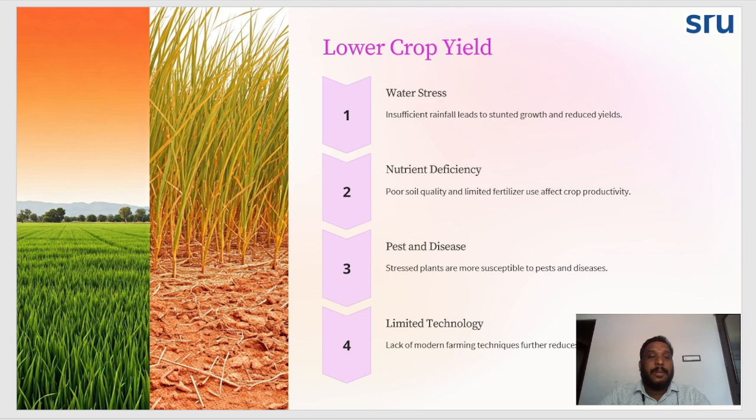As we are familiar, from the first chapter we are always discussing water stress conditions. Insufficient rainfall leads to stunted growth and reduced yields, because with very little water available, it's not possible for farmers to give irrigation at all the critical stages. One or two irrigations may or may not be possible, and that too we cannot guarantee.